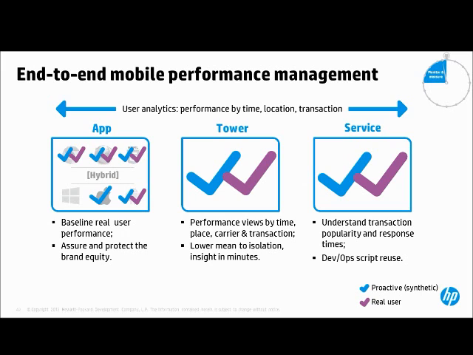So the first topic or the first solution that I'm going to talk about is the HP Real User Monitoring Solution, which can collect data from the mobile application. So today there is an app for Android, which can help us collect data from an Android, and there is an Apple app or an iPhone app that's on the roadmap, which will help us collect data even from iPhone.